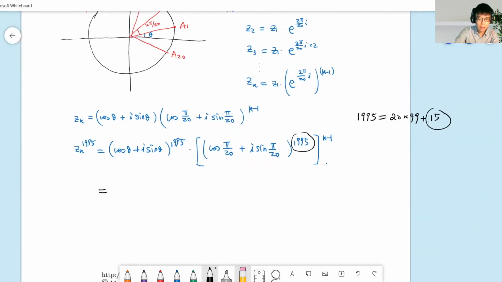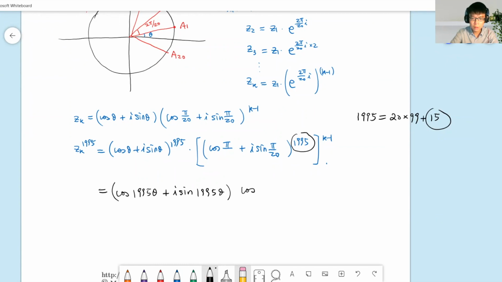By de Moivre's theorem, the first part is cosine 1995 theta plus i sine 1995 theta. We cannot simplify because we don't know theta. But for the second part, this corresponds to pi over 20 times 15.